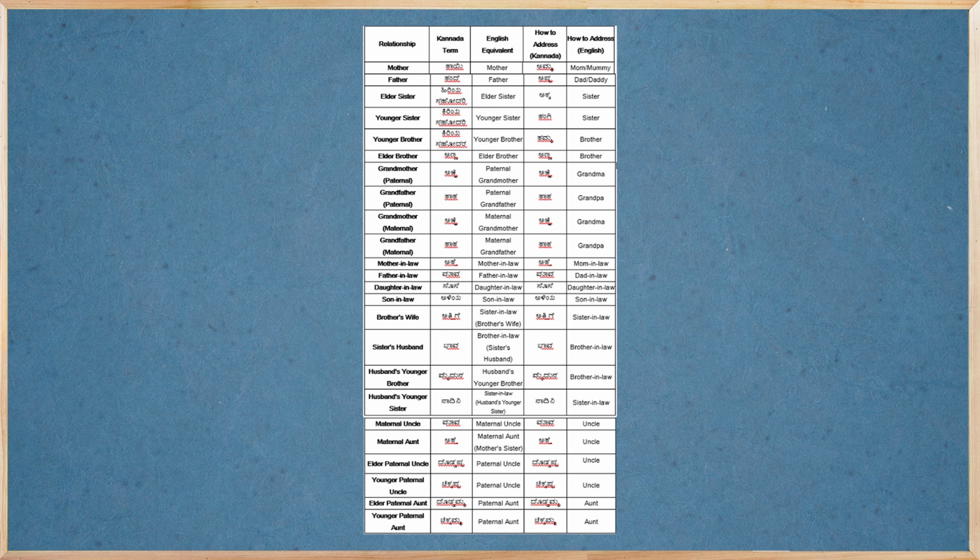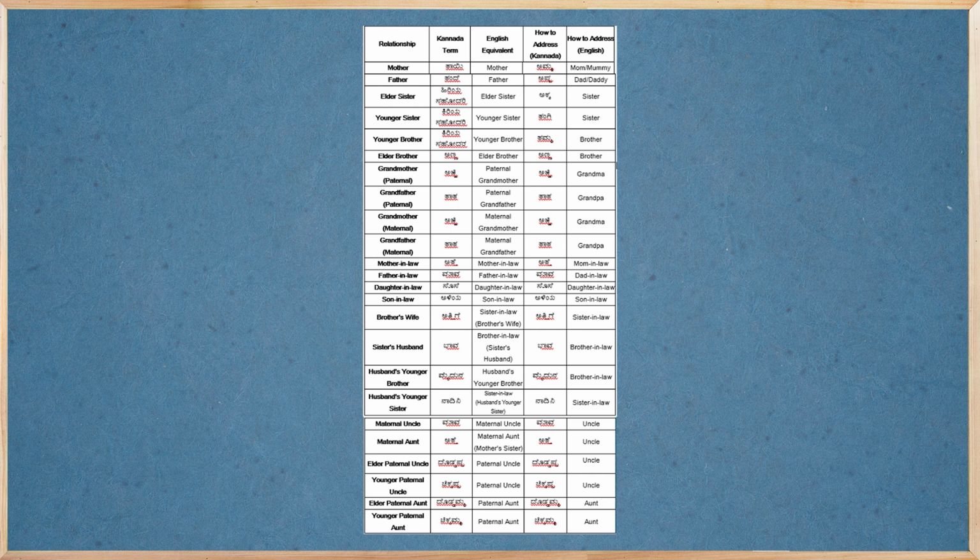Younger brother is called Kiriya Sahodara in Kannada and we address him as Tamma. Elder brother is called Hiriya Sahodara in Kannada and we address him as Anna.